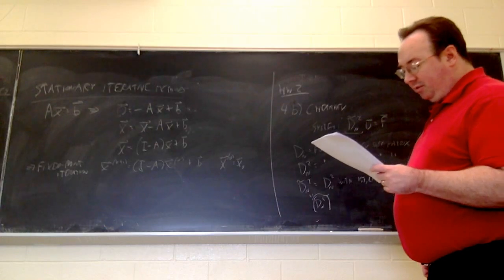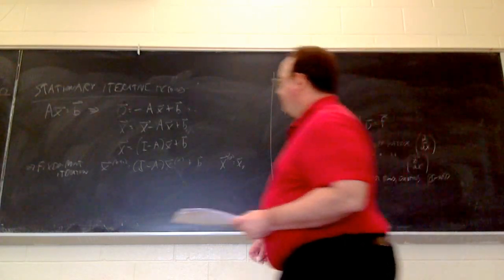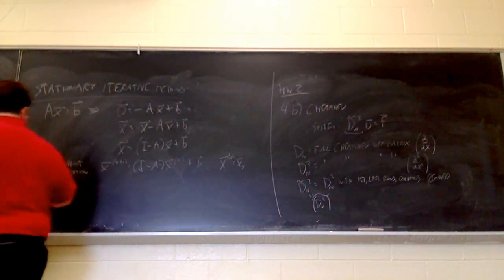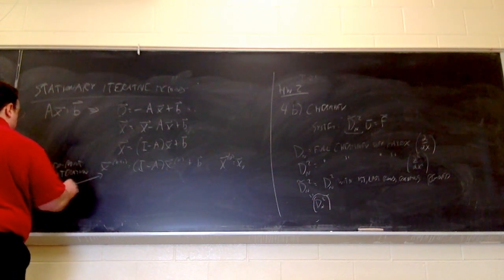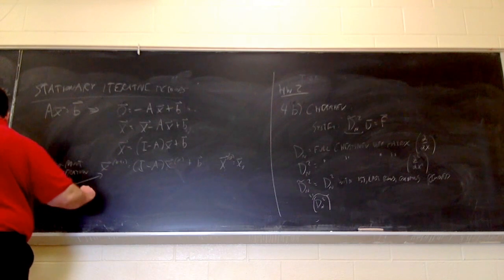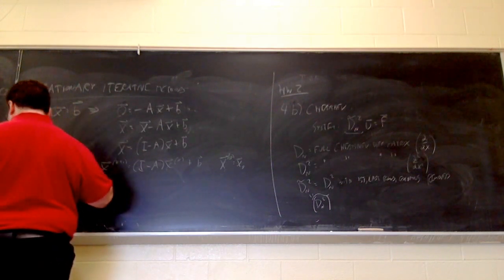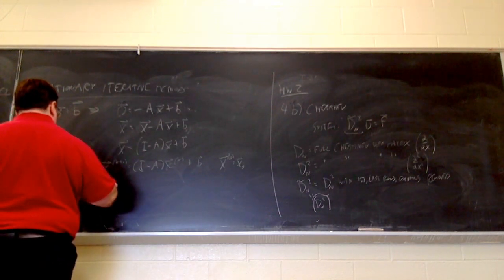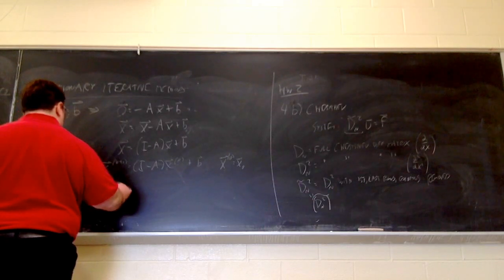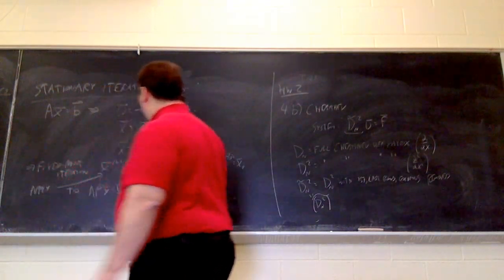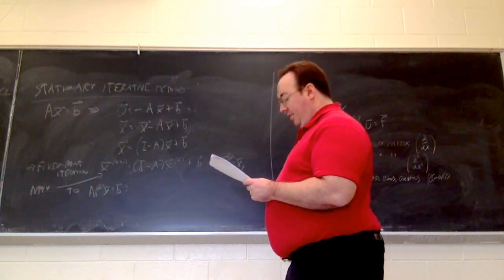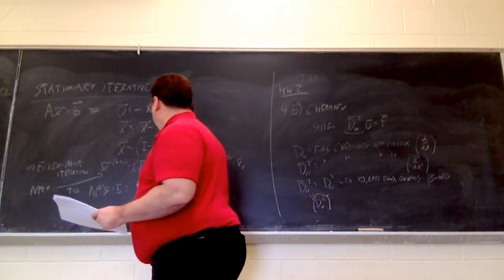So what I'm going to do is apply this iteration not to Ax equals b, but to a right preconditioned system, AP inverse y is equal to b. So now my solution I can refer to as y.